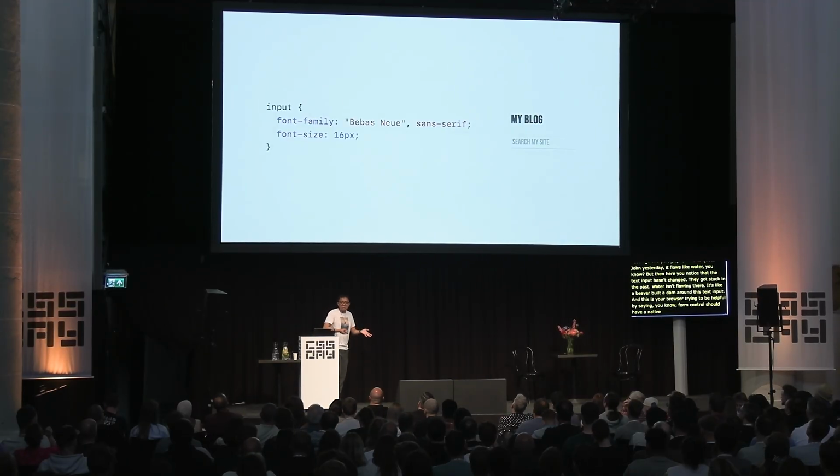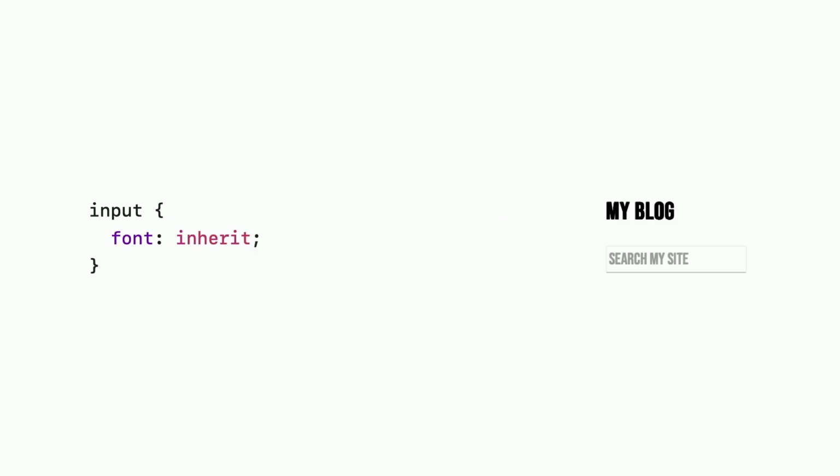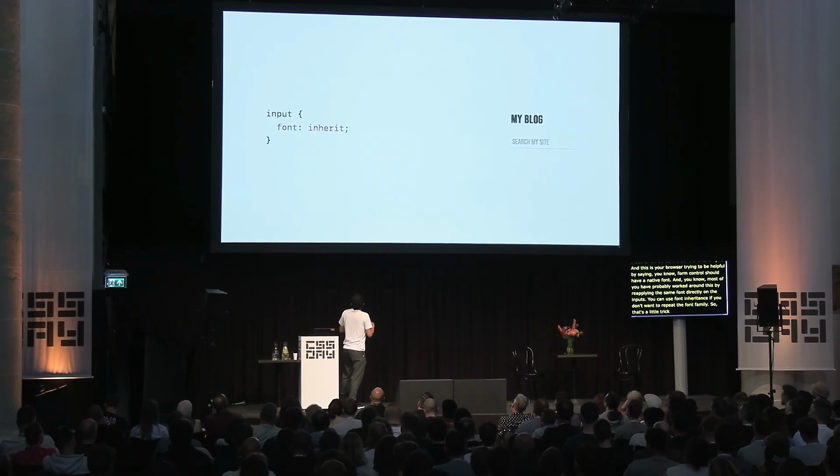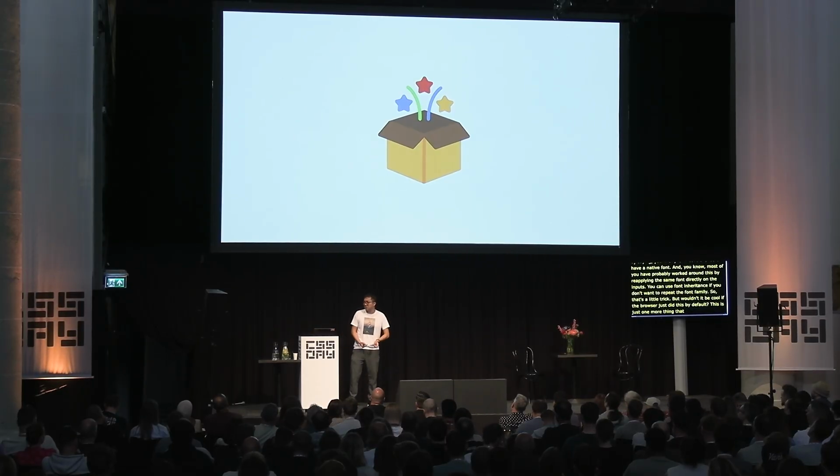And, you know, most of you have probably worked around this by reapplying the same font directly on the inputs. You can use font inherit if you don't want to repeat the font family, so that's a little trick. But wouldn't it be cool if the browser just did this by default? Because this is just one more thing that makes form controls feel like magic boxes and different from the rest of CSS. But I'll come back to this later.